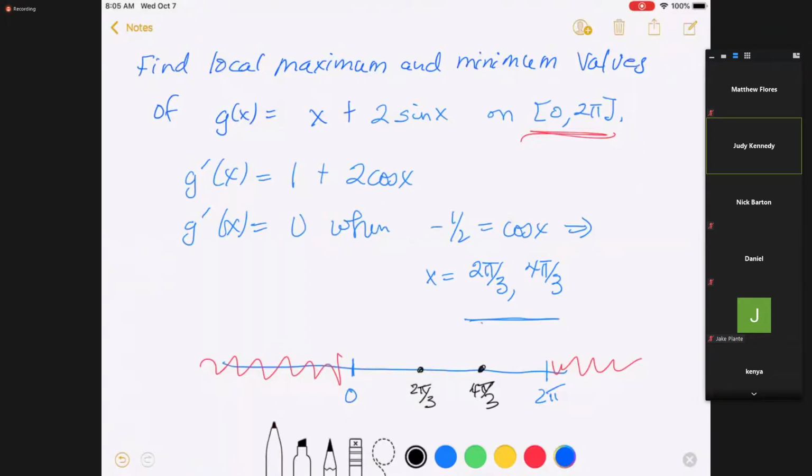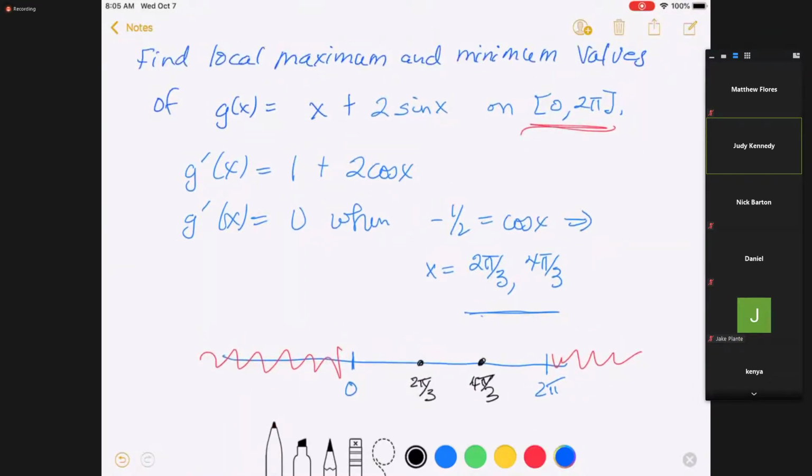Okay, so we want to figure out what happens in between. Since we found all the places where the derivative is 0, that means that on each of these intervals, the derivative is either positive for all the numbers or negative for all the numbers. That's one reason you want to make sure you find all your critical numbers.